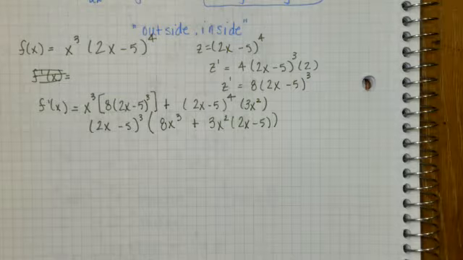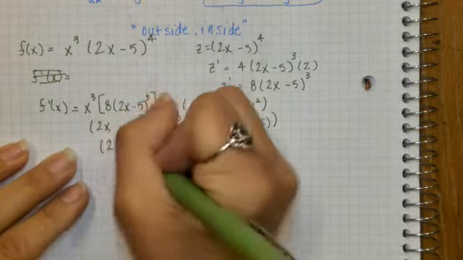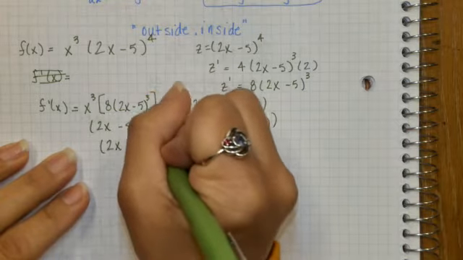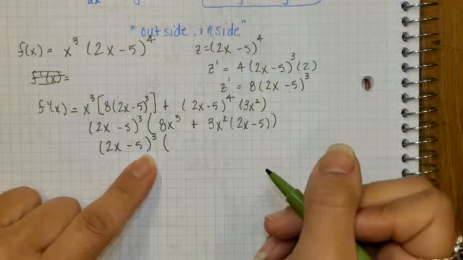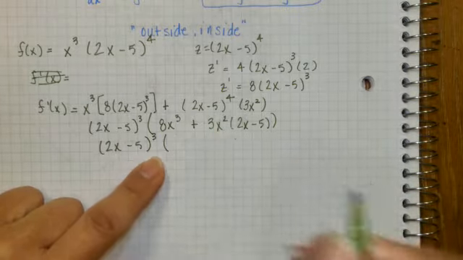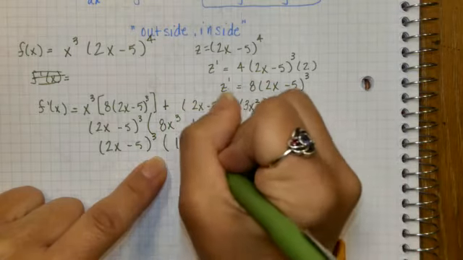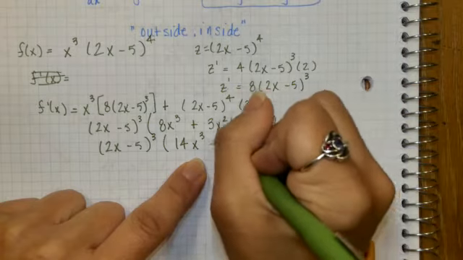All right, let's do a little bit of simplifying. Now from here, it's a bunch of algebra. But 2x minus 5 cubed. This is going to end up being, let's see, 14x cubed minus 15x squared.